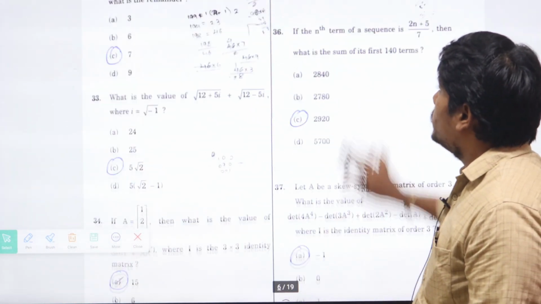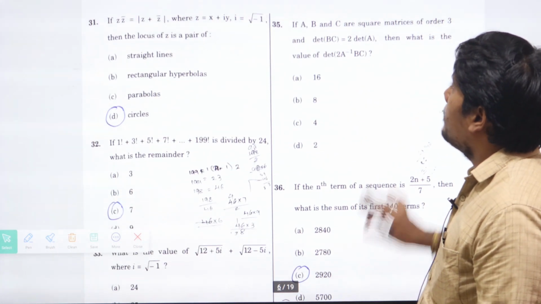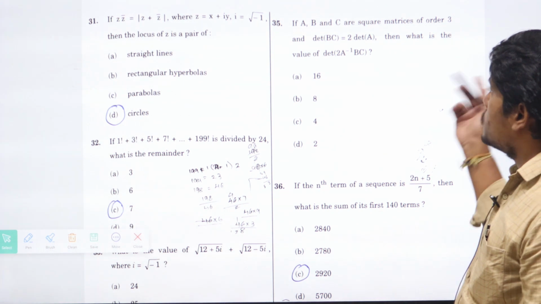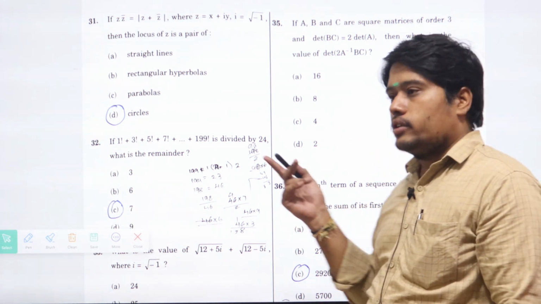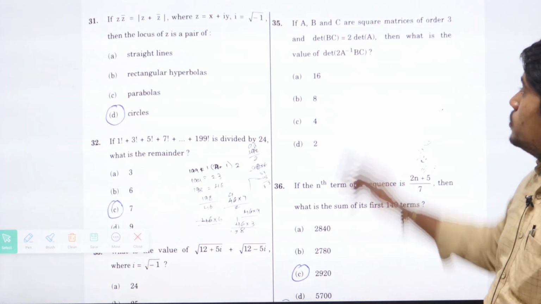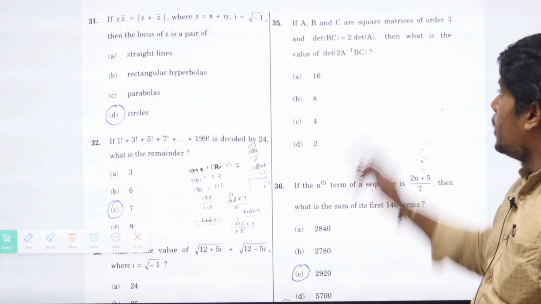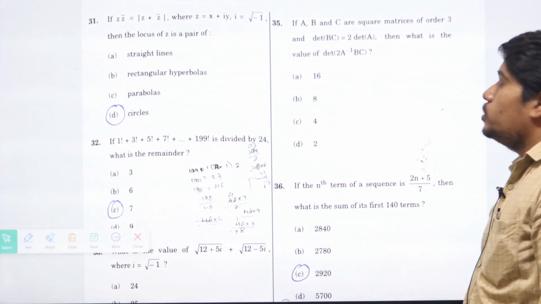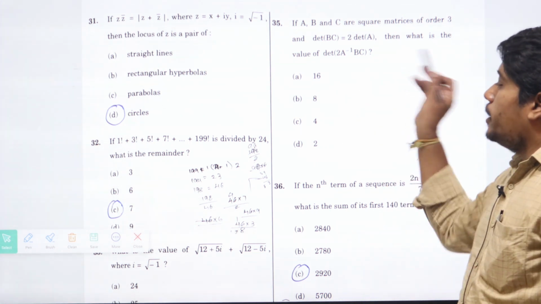Next, question number 35. If A, B and C are square matrices of order 3, so order 3 means 3 cross 3, and the determinant of BC is 2 times the determinant of A, then what is the value of the determinant of 2 times A inverse into BC?